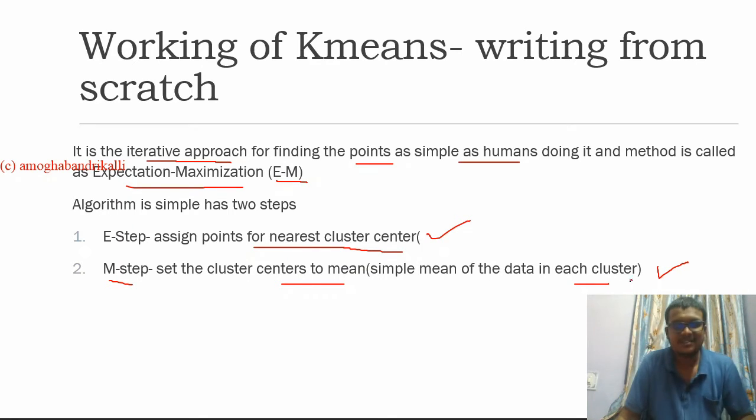Your E step is the expectation step: every time, new points are assigned to the nearest cluster center. The next one is the maximization step: for each iteration, the center value of a cluster will be expanded till it reaches the newer points.